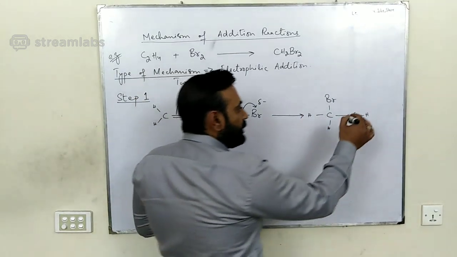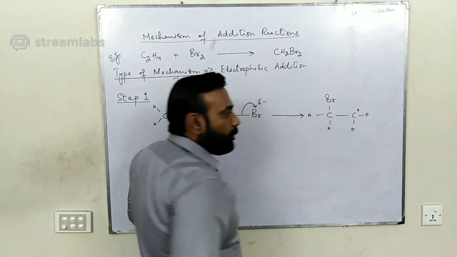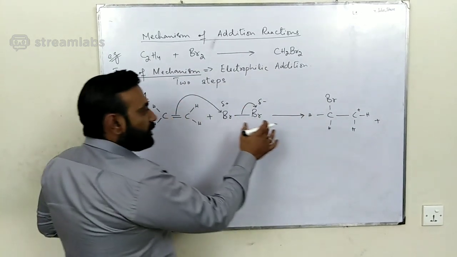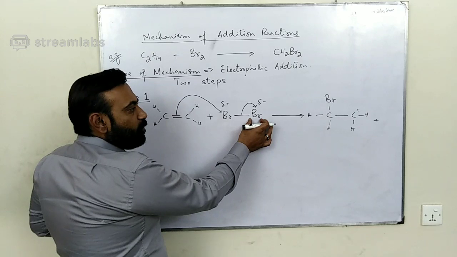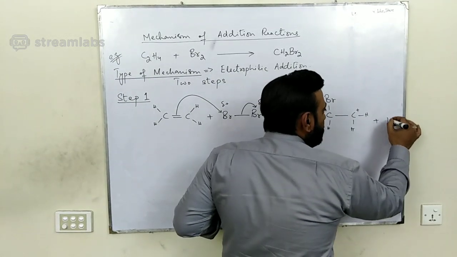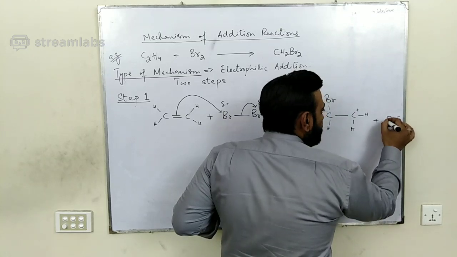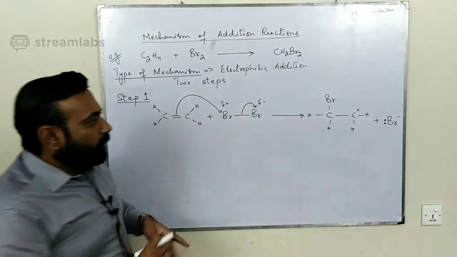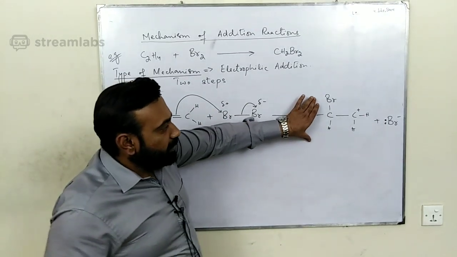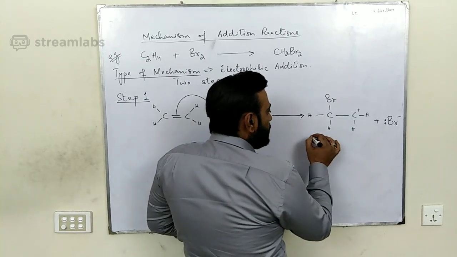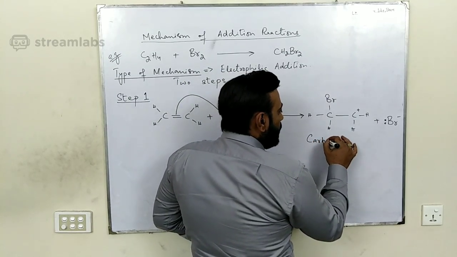So this carbon atom will now have a positive charge, and after this heterolytic fission, this bromine atom would take these two electrons and become a bromide ion, Br minus. Okay, now this species in which there is a positive charge on the carbon atom is called a carbocation.